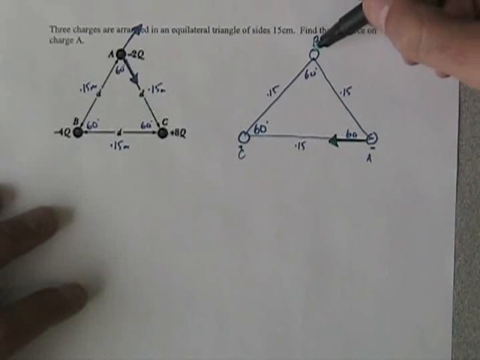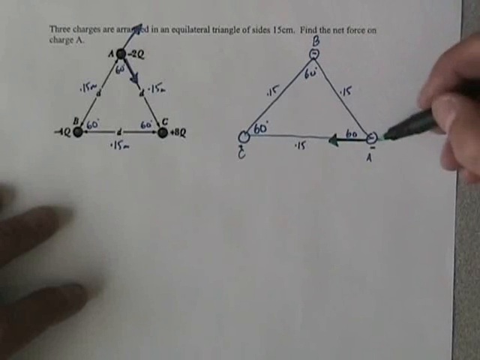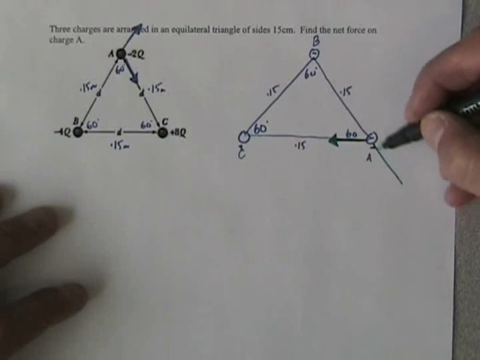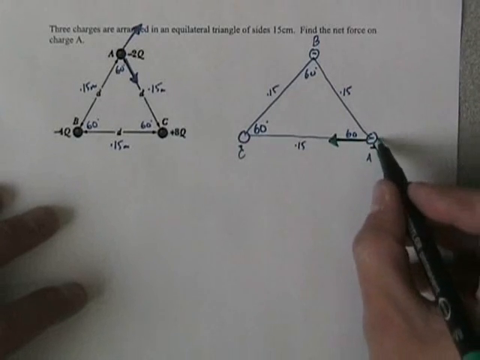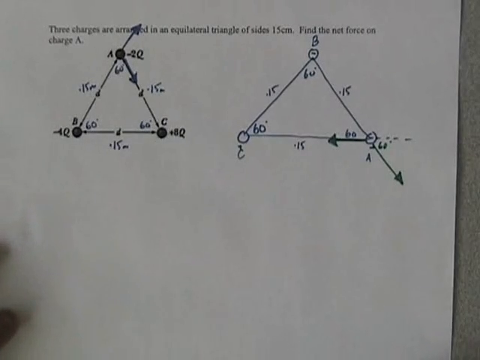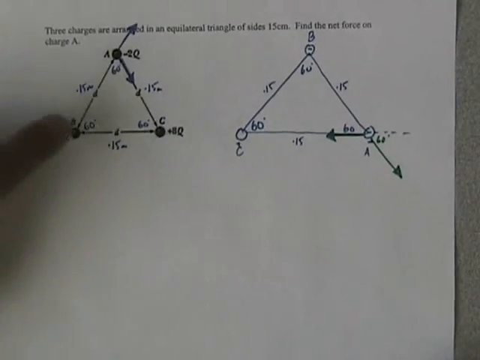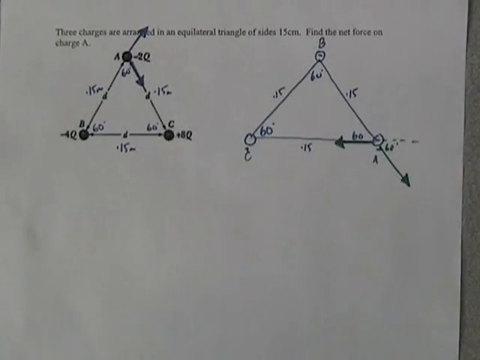When I do this one, between B and C, B is negative and C is negative, that means this thing goes out this way, and that'll be at 60 degrees. So I've taken 4 components and made it into 2 components. I've made it a little easier just by rotating it.